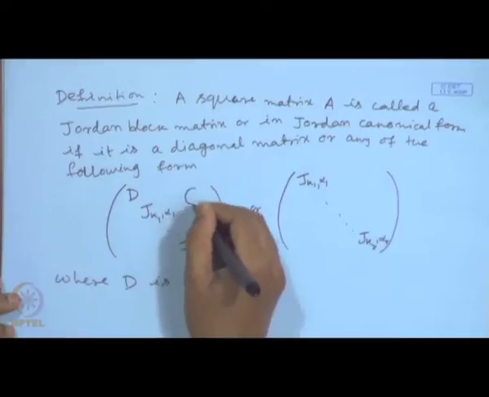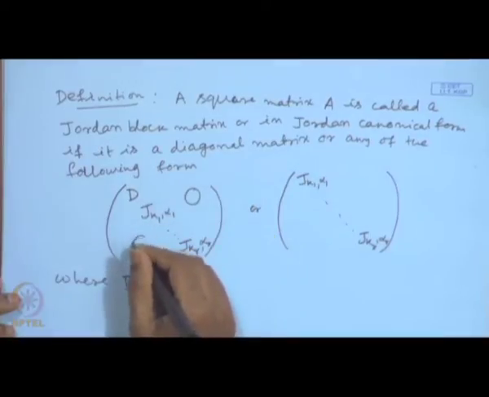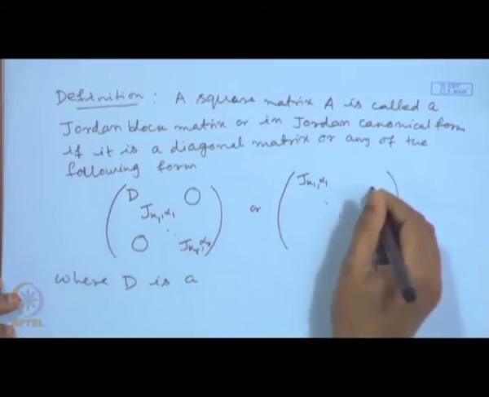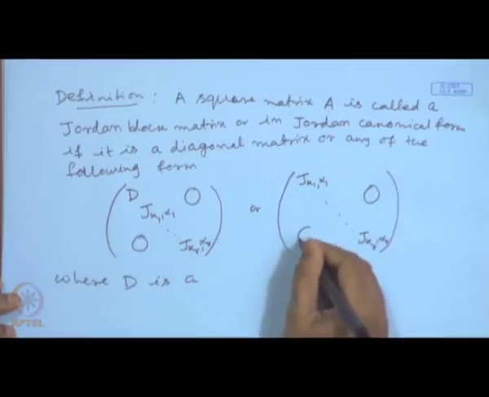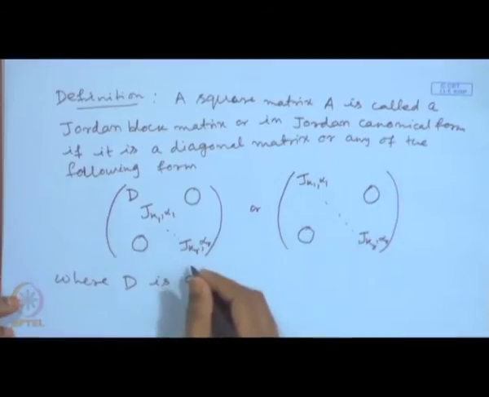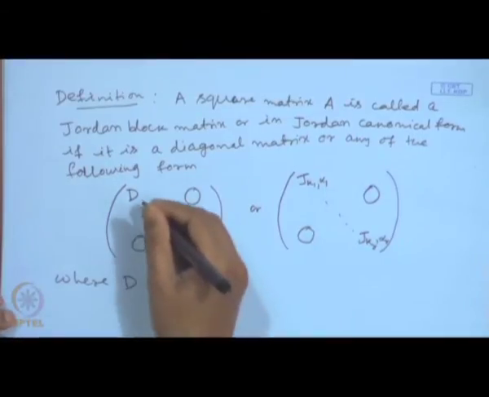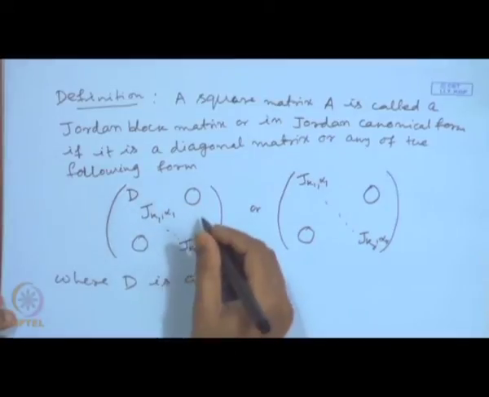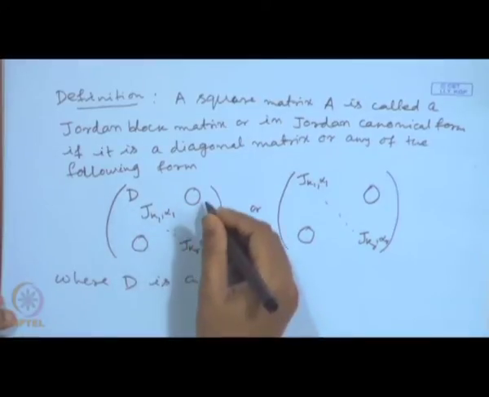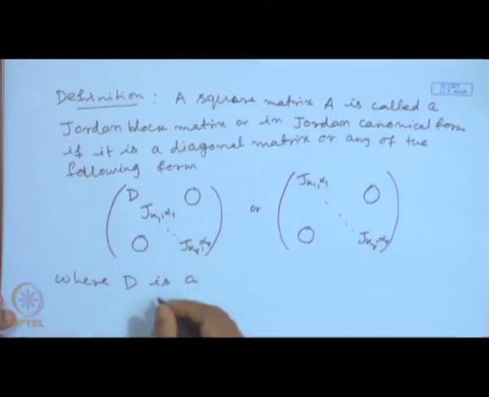Of course, the off diagonal blocks are all 0 blocks. Basically, these two are block matrices where the diagonal blocks are like this and off diagonal blocks are 0, and here D is a diagonal matrix.